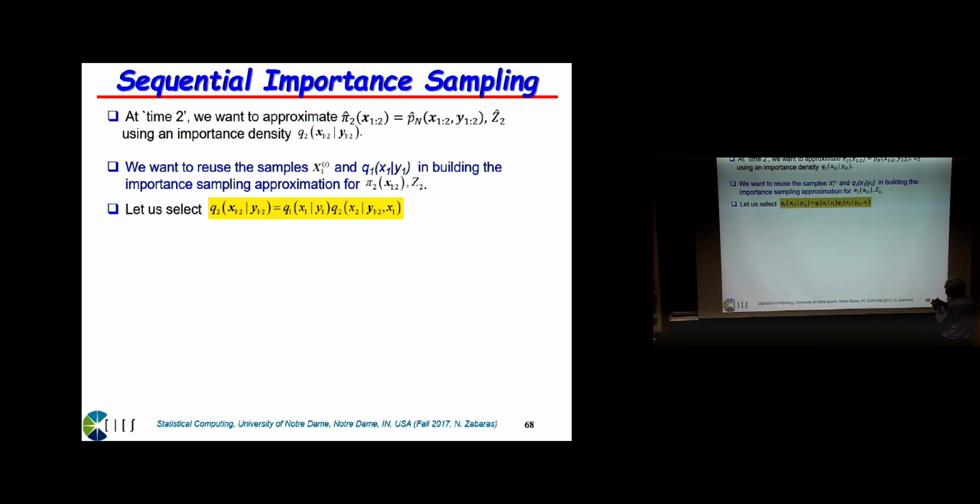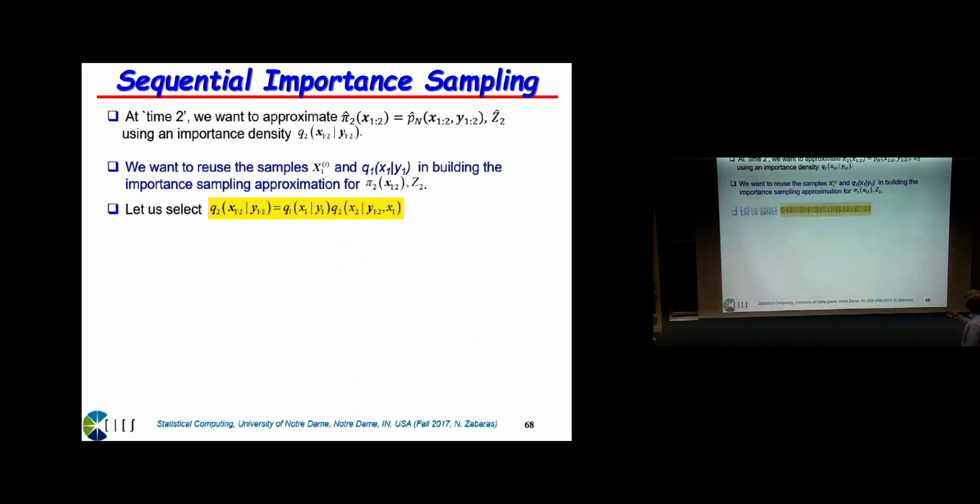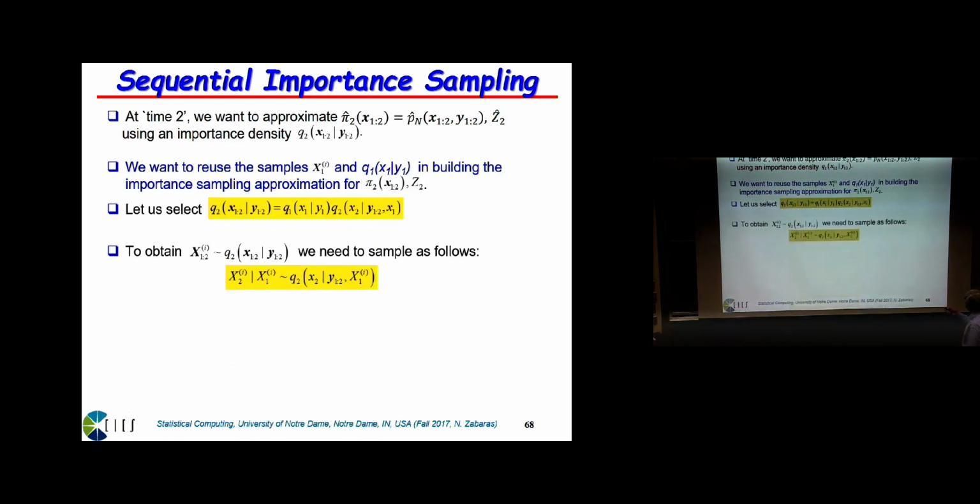It says to sample x1 and x2, sample first x1 at time 1, and once you have x1, then go and sample only x2. So in the previous slide, I mentioned we already have sampled x1 from this. How about now if I take this as my importance sampling distribution and sample x2 according to this rule?